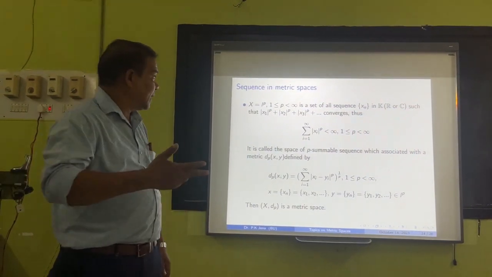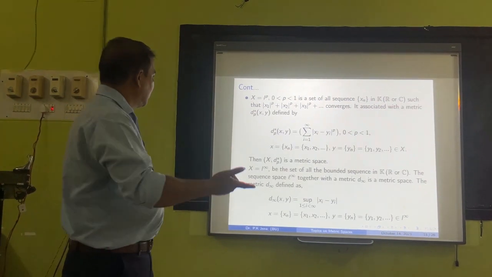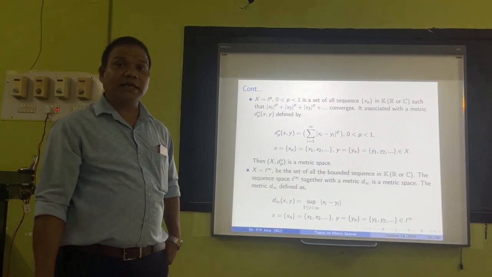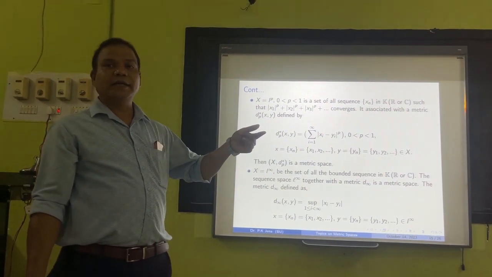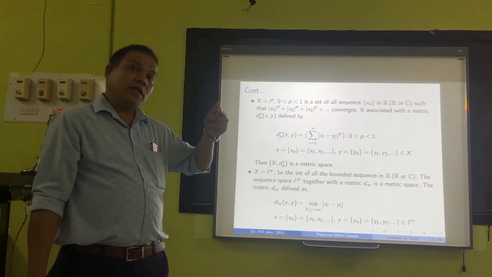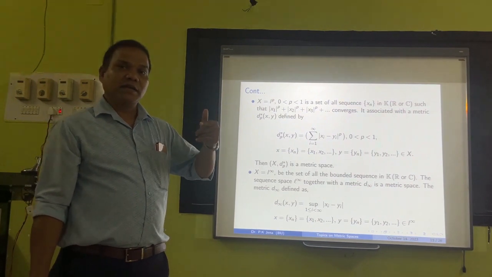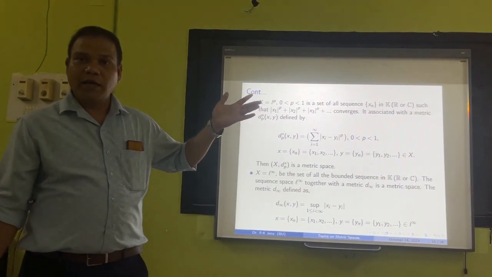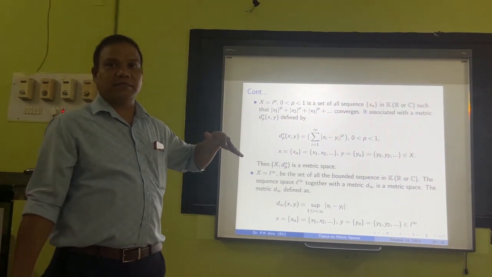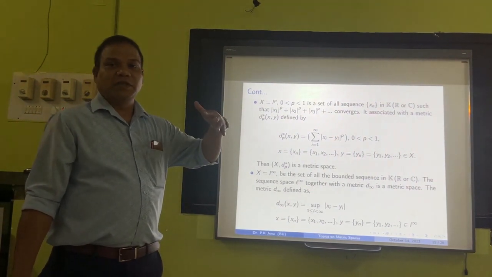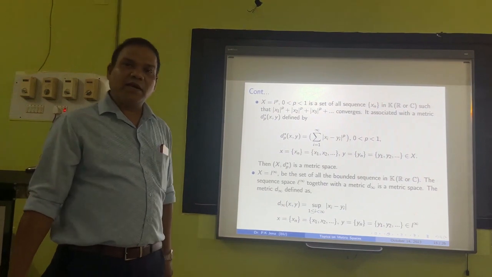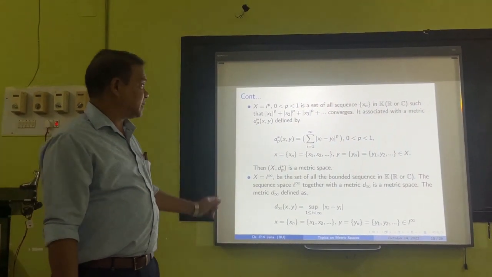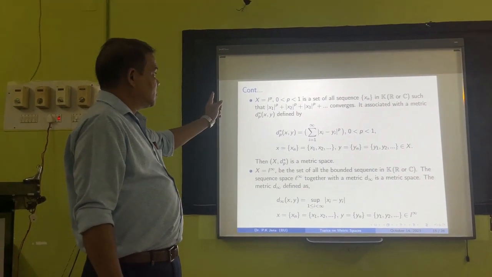I will come to the next example. Here, the very important part is that we have restricted the value of p to between 0 and 1. Can we define a metric on the same LP space, the set of all real valued or complex valued sequences, with the restriction that p lies between 0 and 1?